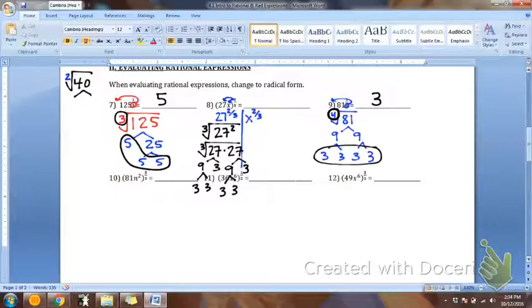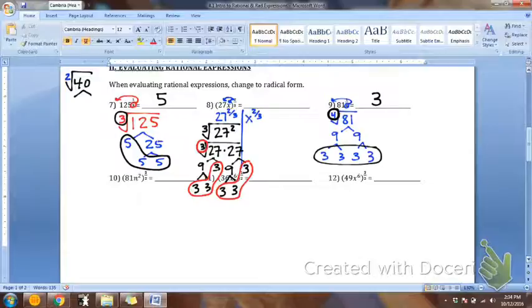Let's go back. We're looking for a group of 3 things. That's what my root tells me. So I have a group of 3s here, and I have another group of 3s, because I'm looking for 3 things in my group. Is everyone okay to this point?